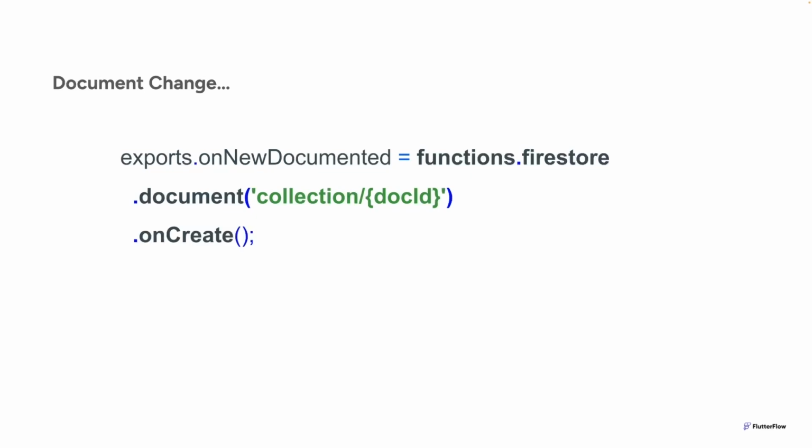Let's review quickly. On create triggers when a new document is created. On update triggers when an existing document is updated. On delete triggers when a document is deleted. And on write triggers for any changes to a document: create, update, and delete.